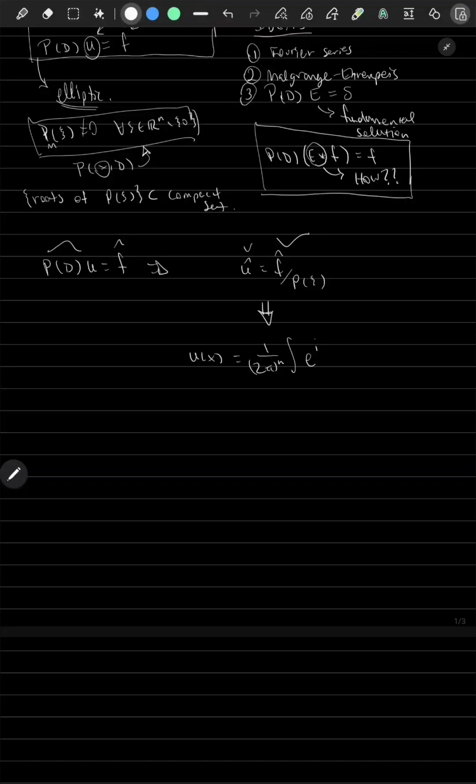I don't know how to draw xi. So this is xi inner product with x, times f hat of xi divided by the characteristic polynomial, d xi. Okay, so great.